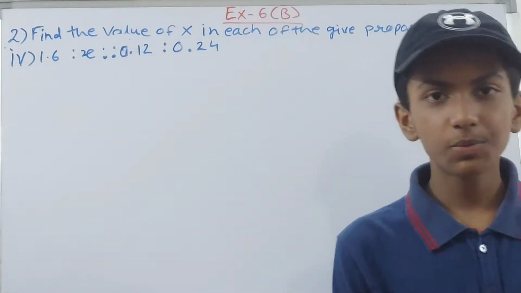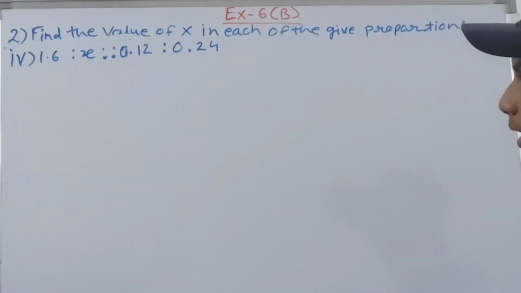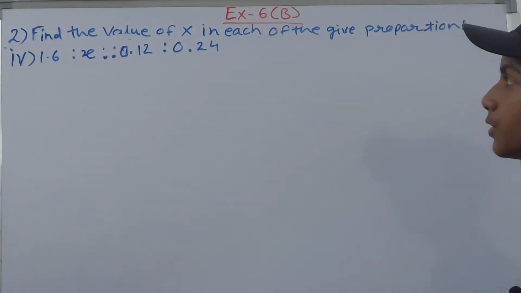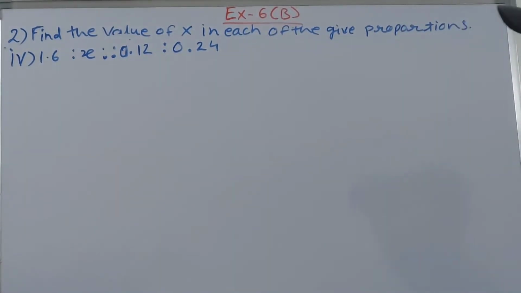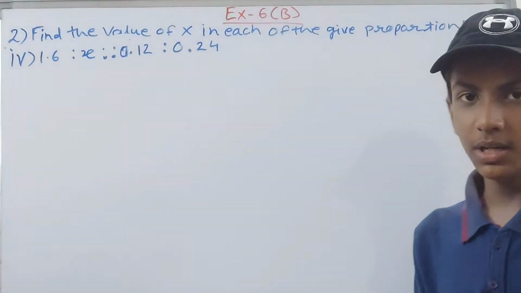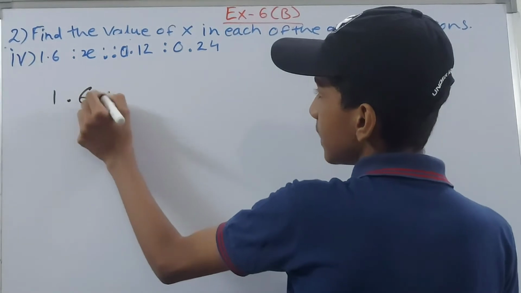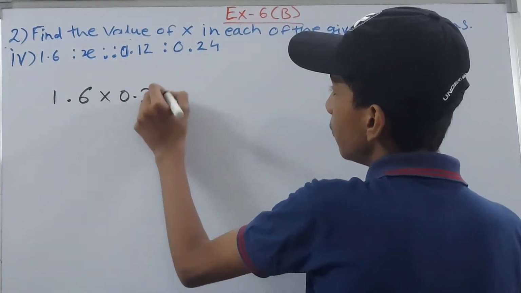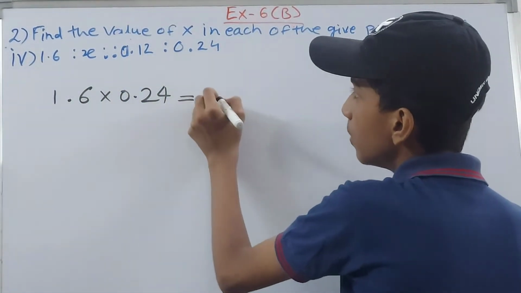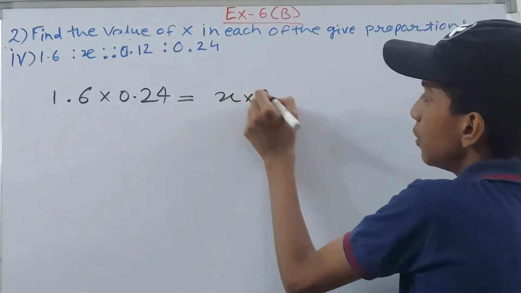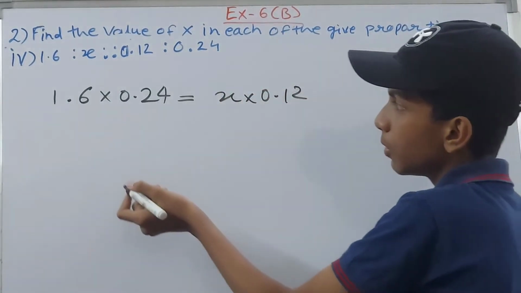This one is 1.6 is to x proportion 0.12 is to 0.24. Again multiply the extremes and the means. So basically 1.6 into 0.24 is equal to x into 0.12.